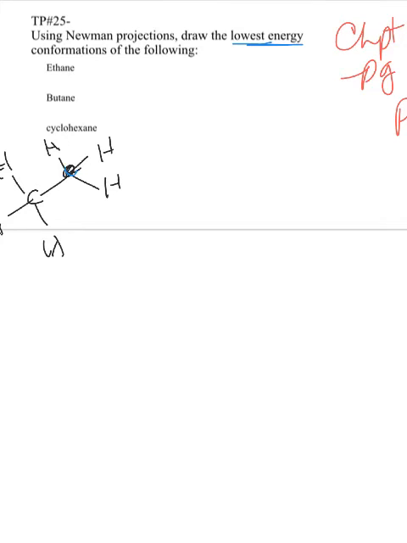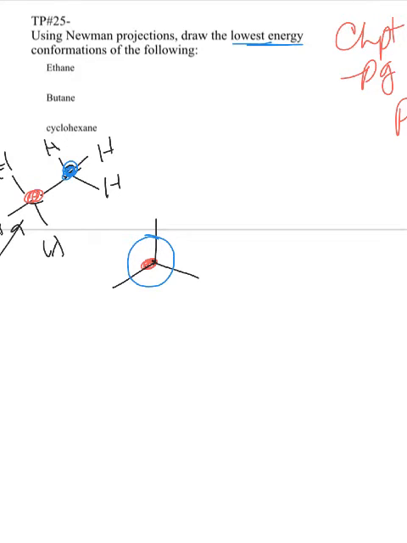So let's make one of these carbons blue and one of them red. If you had your eye here and you're looking down this bond, this is what you supposedly would see. I just always draw them like this. Draw that first, and then in the back, I draw a circle. The circle is the blue carbon.